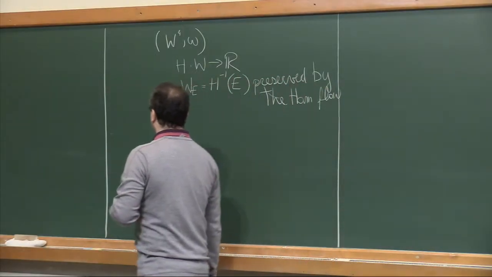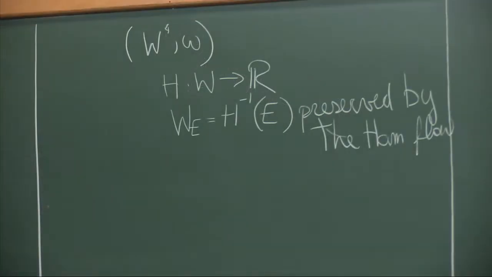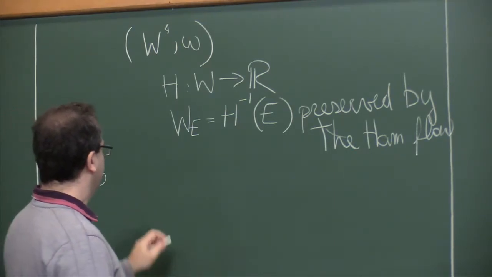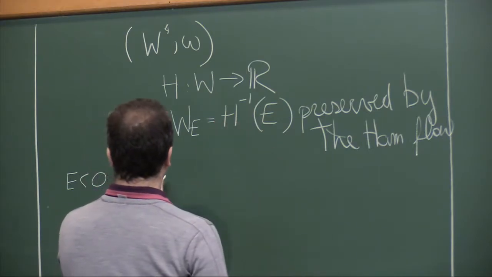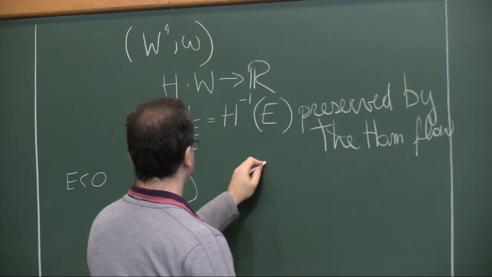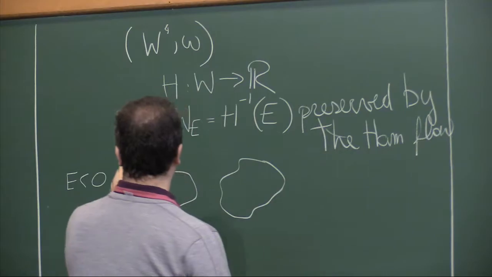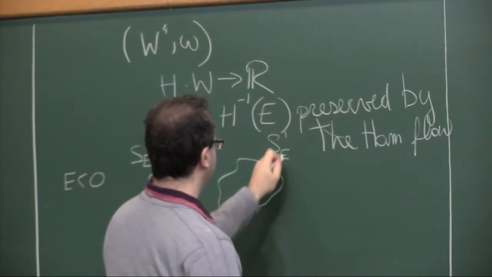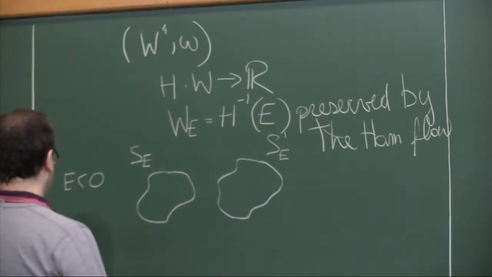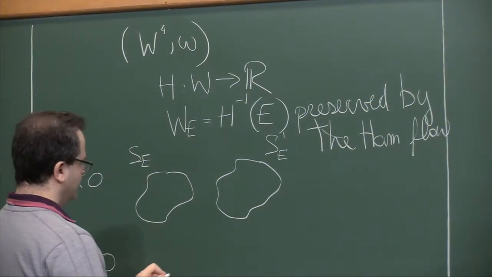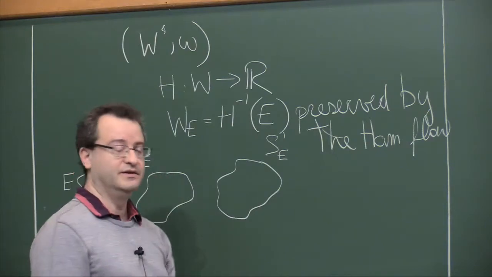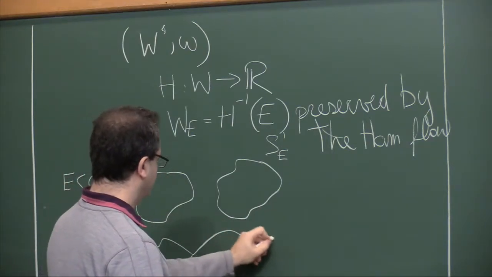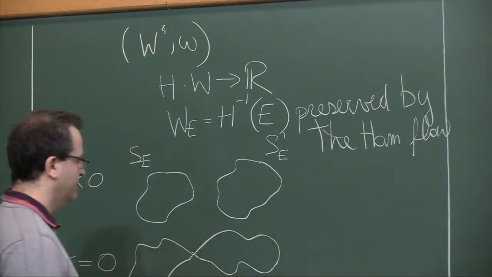So we assume the following situation: for energy below zero, WE has two components. Let's call them SE and SE prime. Then for energy equal to zero, these two components touch each other. They develop a singularity, and they touch each other.